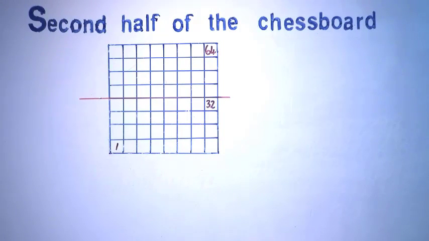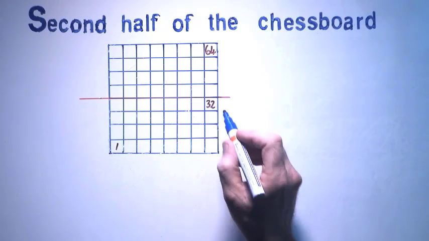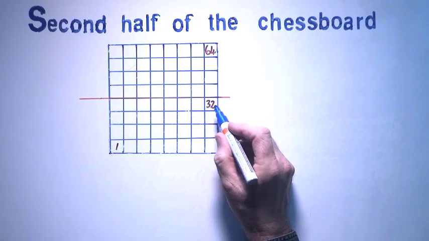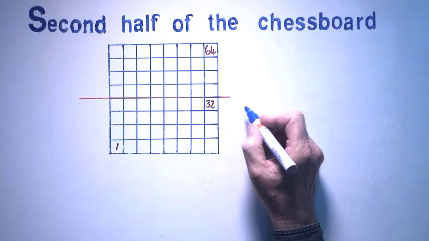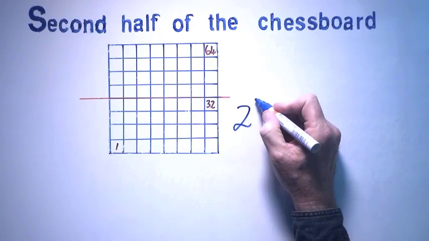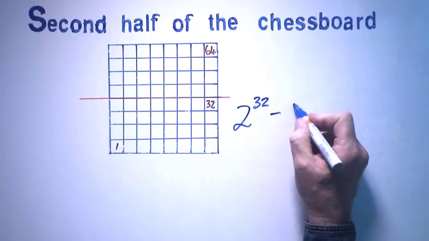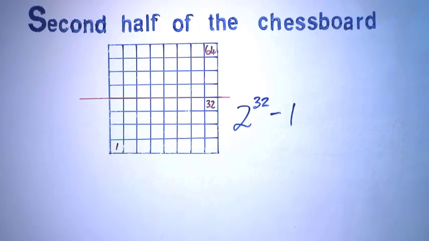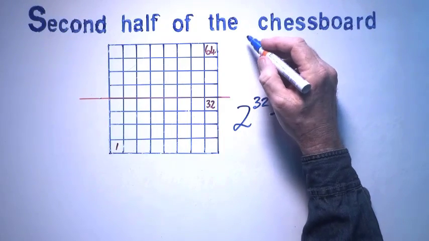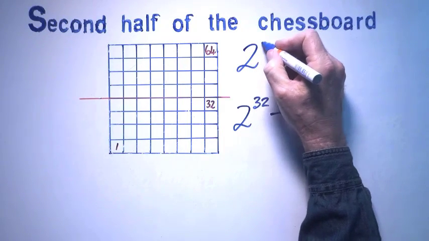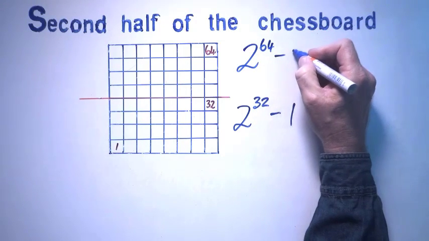We know from our worksheet that the total amount at square 32 would be 2 to the 32nd power minus 1. And on the 64th square, the last square of the chessboard, it would be 2 to the 64th power minus 1.